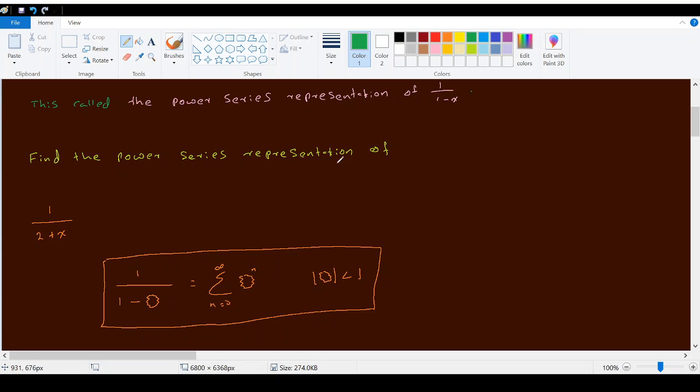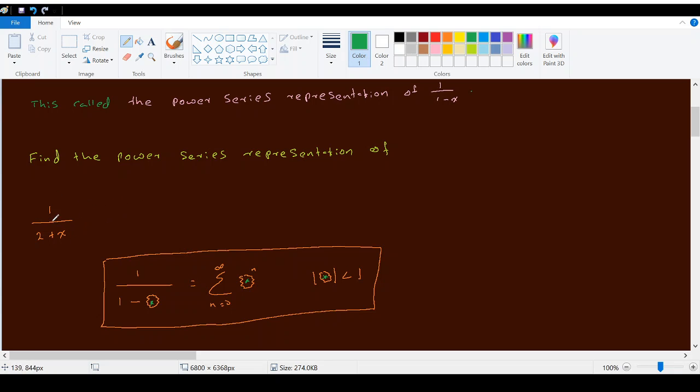Whatever term we use here, you will replace in all these places, right? So when you have this sort of a function, in order to find the power series, we should first try to convert the given function into this format, because after that everything will flow smoothly, right?